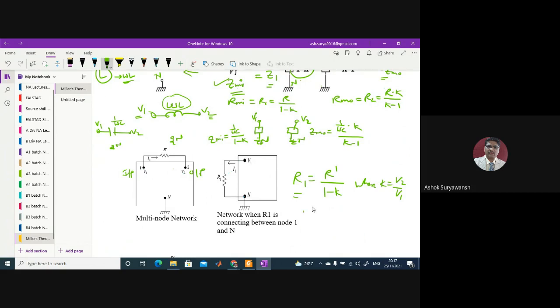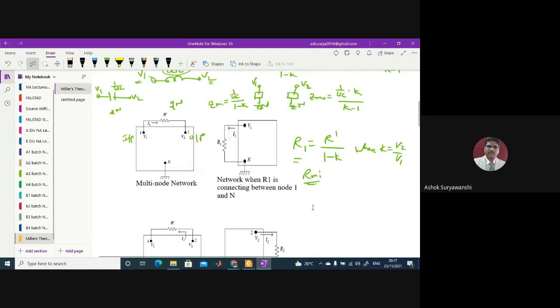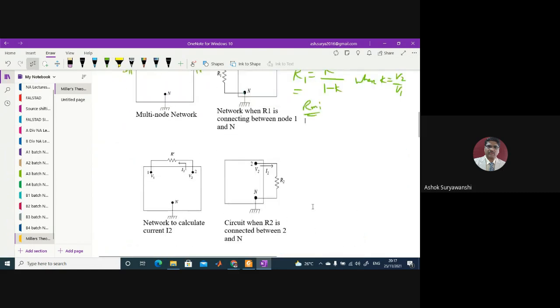This R1 can also be called RMI, that is Miller's input resistance. And the second one comes between the output node and the ground, which is called R2, also called RMO, which will be equal to R dash into K upon K minus 1, where K is the output voltage upon input voltage.